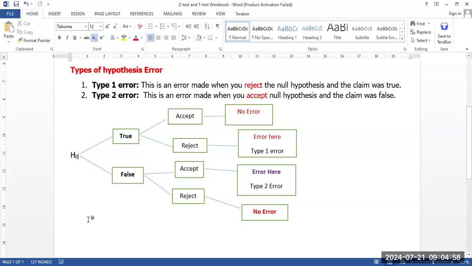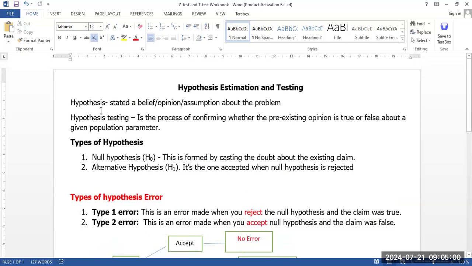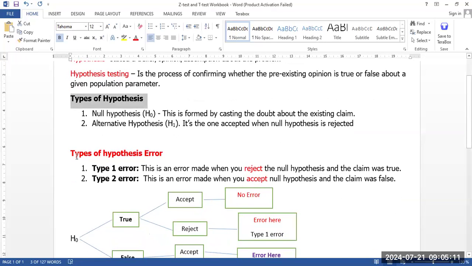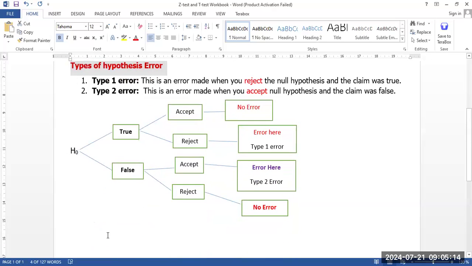We can proceed. So we know the meaning of hypothesis. We know the meaning of hypothesis testing. We know the types of hypothesis. Then now we know types of errors. Then next is to understand the difference between critical values and the critical region.